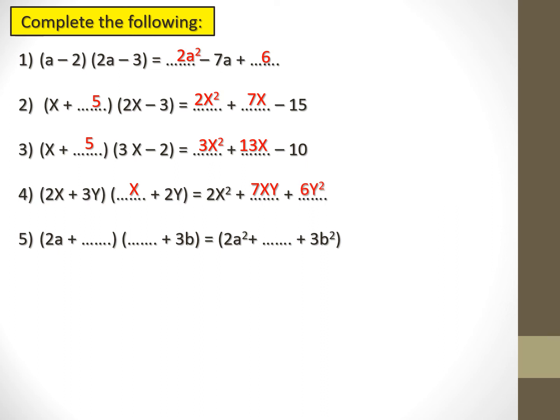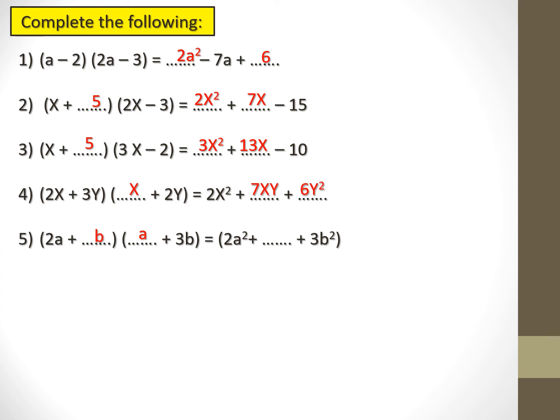Number 5, 2a equals 2a power 2. Then 2a times a equals 2a power 2. And what times 3b equals 3b power 2? It will be b.